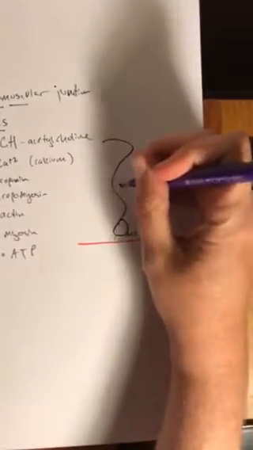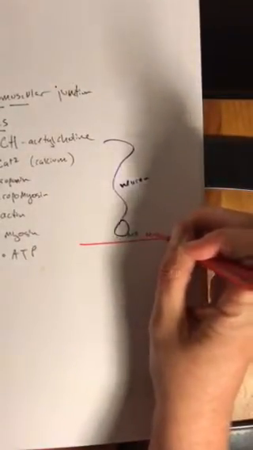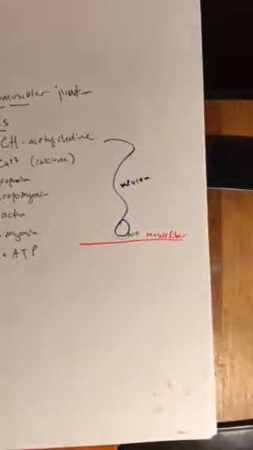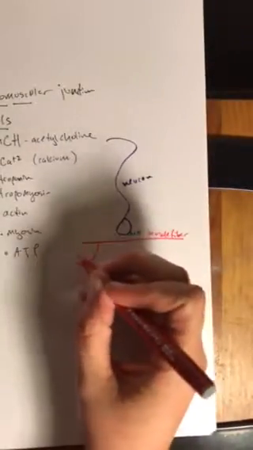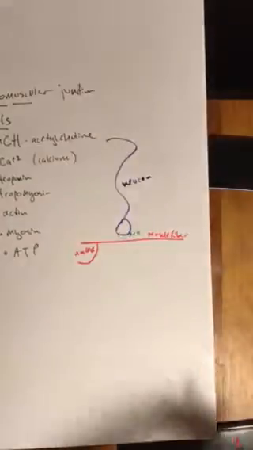So again, this is a neuron. This is the surface of a muscle fiber. And remember that the muscle fiber is the cellular level of the muscle. So within one muscle fiber, this is basically one cell. We'll have a nucleus over here, which doesn't really do much in this case.